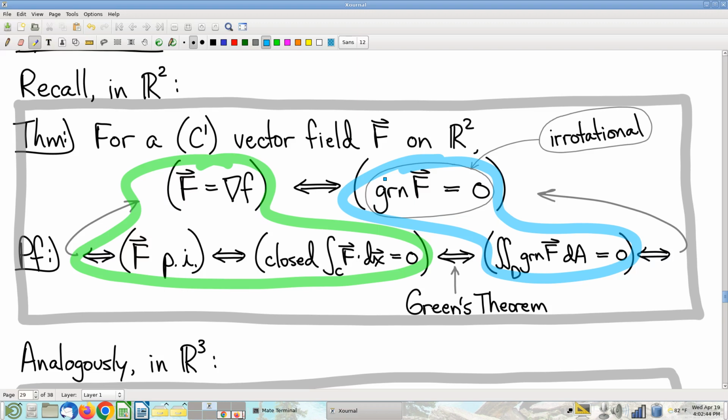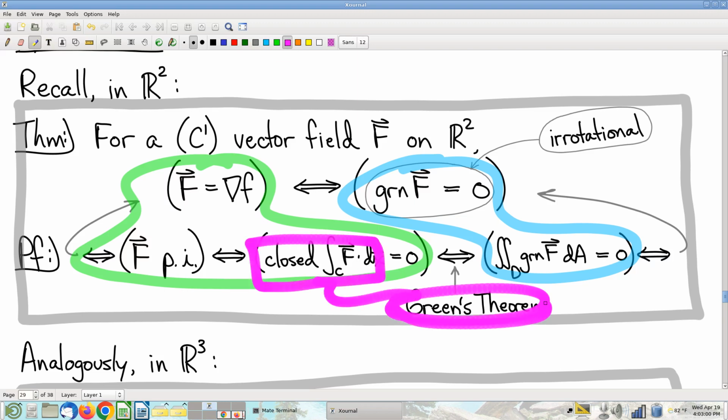So we talked about that back in Chapter 6 as well. We have 3 green statements that we see to be equivalent. We have 2 blue statements that we see to be equivalent. What connects them is Green's theorem that says closed line integrals can be computed as double integrals of Green's operator. Right?